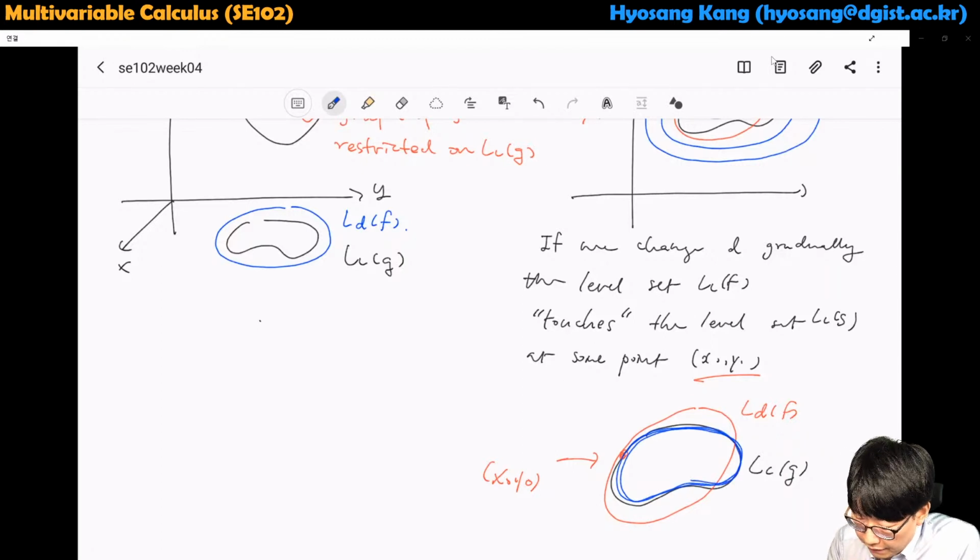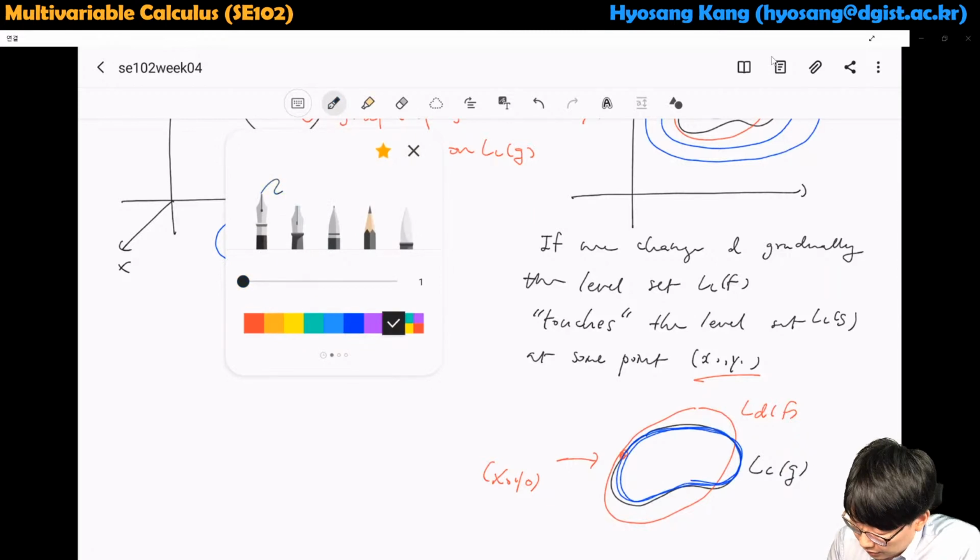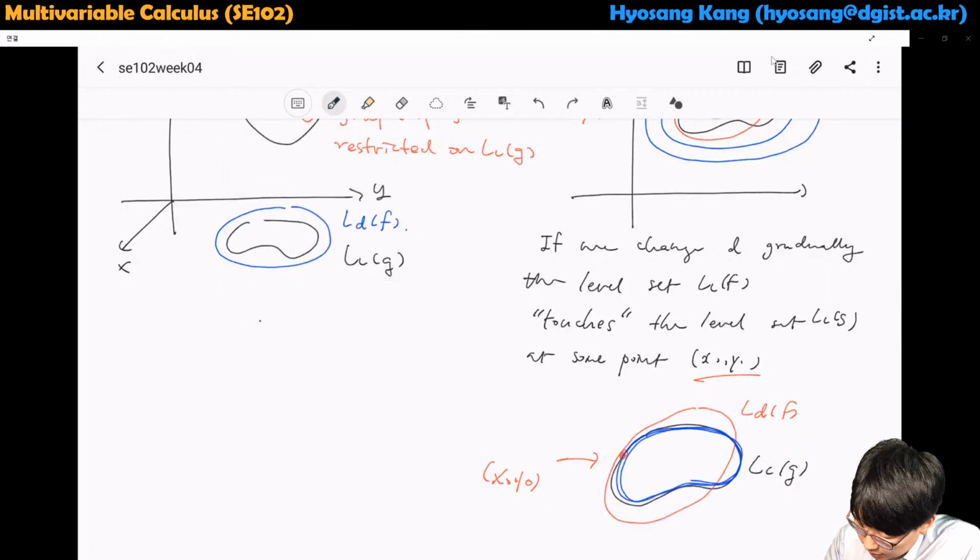However, if I move my point away from x0, y0, then the only way I can touch or intersect this level set of F at a point other than x0, y0 is to change my level D to a larger value or smaller value of D. So you see this point is slightly touching this point.